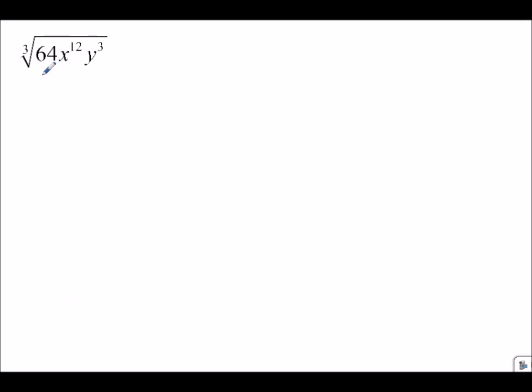Let's look at this one. So when we cube root, we look at the signs, numbers, letters, or variables. Right, so here we have the cube root of 64 is 4. Another fact that you must know. When I cube root variables, I write down the variable and I divide each of the exponents by 3 because I'm grouping in groups of 3. 4x, 12 divided by 3 is 4.